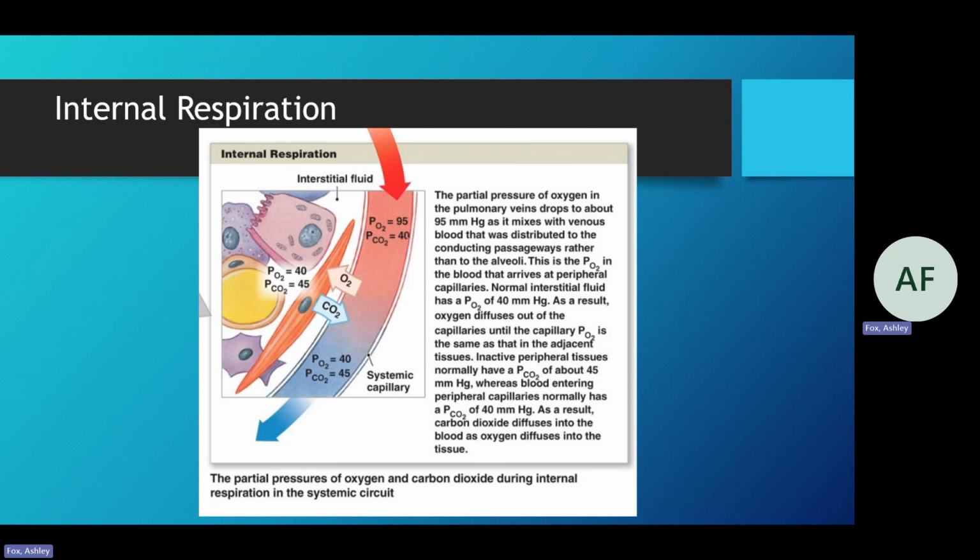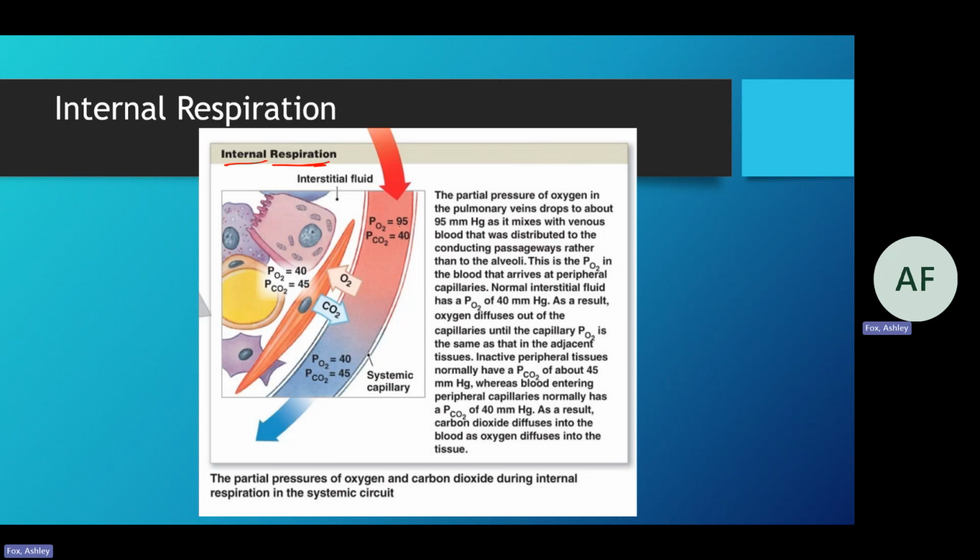We're at 95 now. Same partial pressure of carbon dioxide. Now again, think about what is happening in internal respiration. The tissues want the oxygen and they want to get rid of the carbon dioxide. So think about how the movement's going to go. It's going to go from high concentration to low concentration. As long as these numbers are not the same, there will be movement.